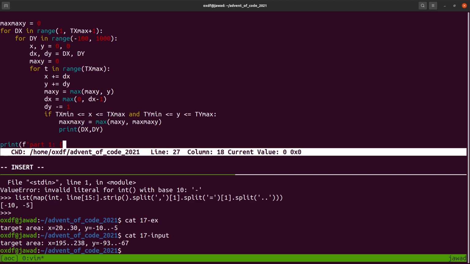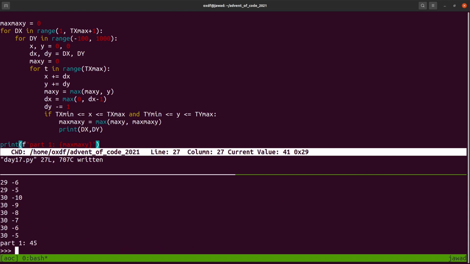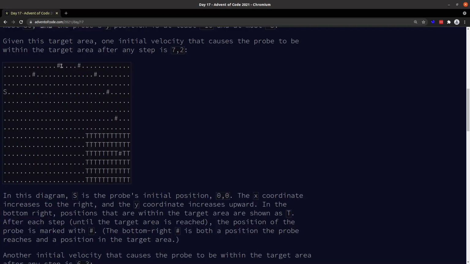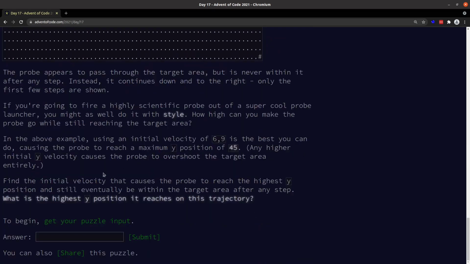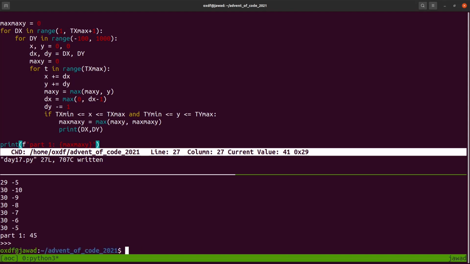This feels kind of aggressive, but we'll go for it. 45 is not too slow, surprisingly. 45 is our example. Let's give it a try. Can get rid of that.